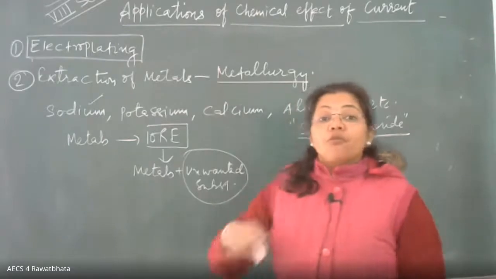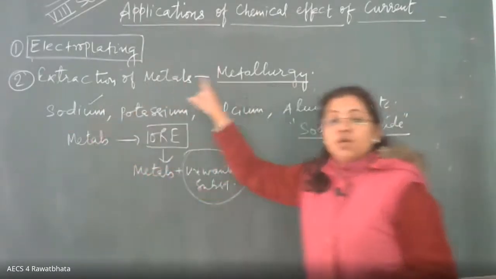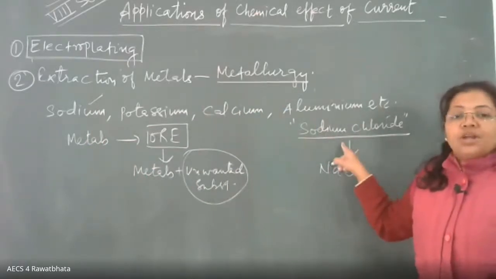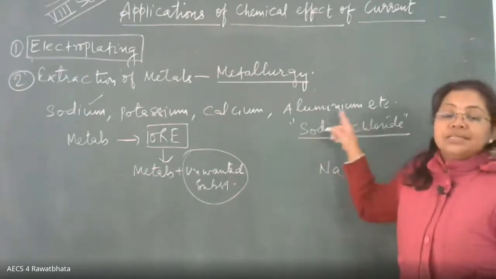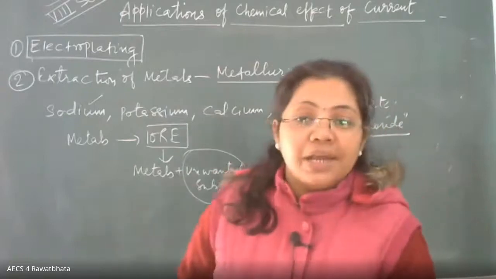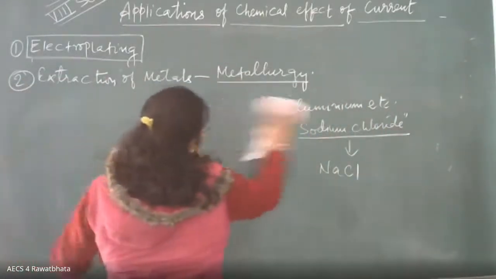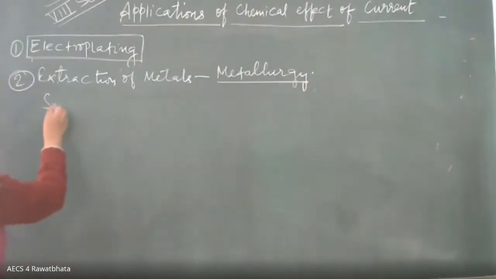Now we want to obtain metal sodium from this sodium chloride, right? So what we do, we carry out the electrolysis of the sodium chloride. If we go for writing in a short way, that is how we obtain sodium metal.